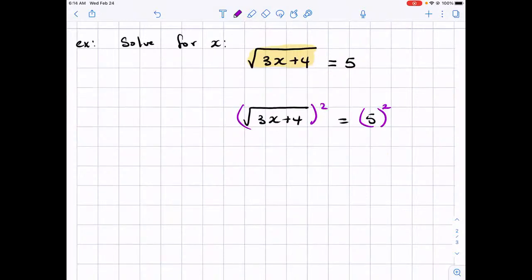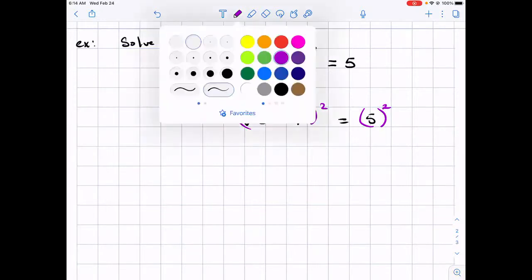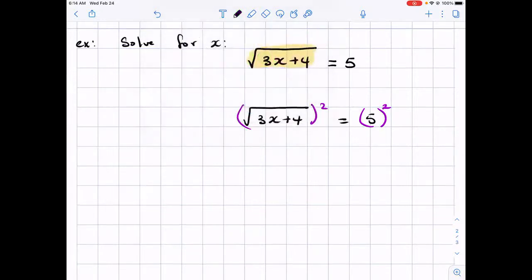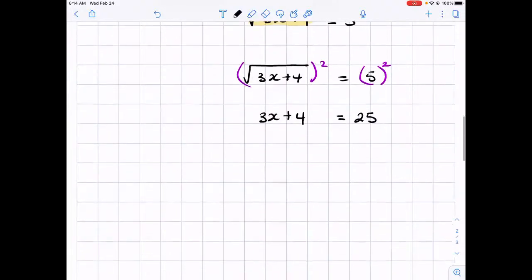Now we have seen that the square cancels the square root. So we're left with 3x plus 4, and that is equal to the square of 5, which means 5 times 5, which is 25.